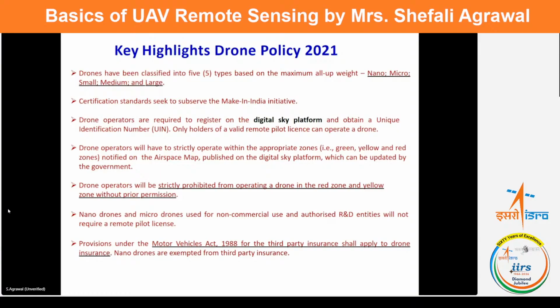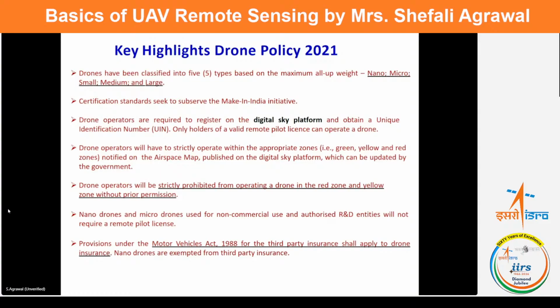Then in India, they have divided the airspace into 3 zones: the green zone, the yellow zone, and the red zone. In the green zones, drones can fly up to an altitude of 400 feet above ground level without prior approval. But near the airport, the limit is around 200 feet. So in other areas you can fly at 400 feet, but closer to the airport, within 8 to 12 kilometers, the limit is 200 feet.